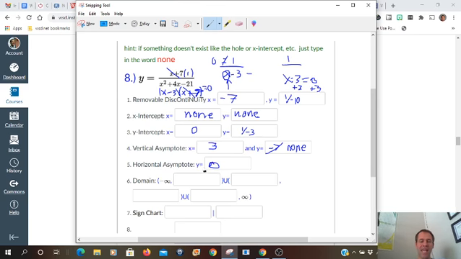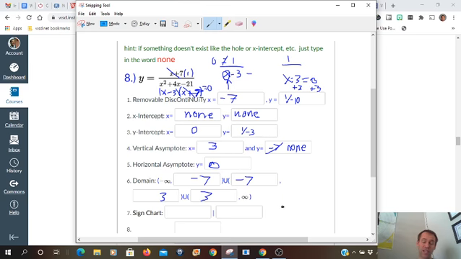Now the domain is all real numbers from -infinity to either 3 or the hole, whatever it hits first. It hits -7 first. So it's -infinity to -7, union -7 to 3, and union 3 to infinity. If you use decimals down below and graph it, you would see -7 and then 3.